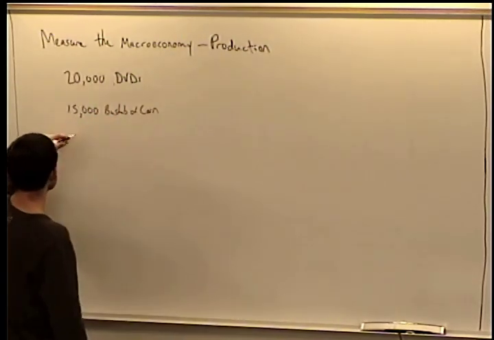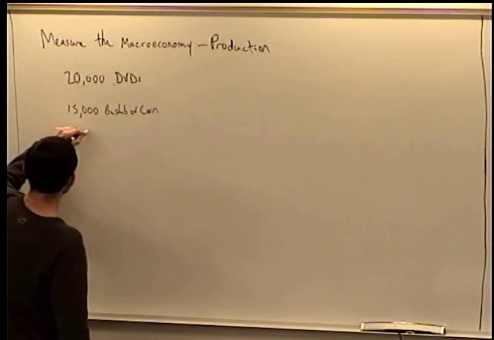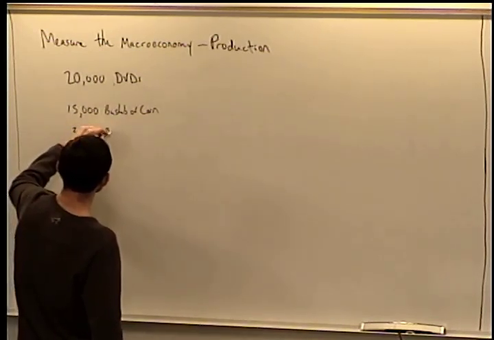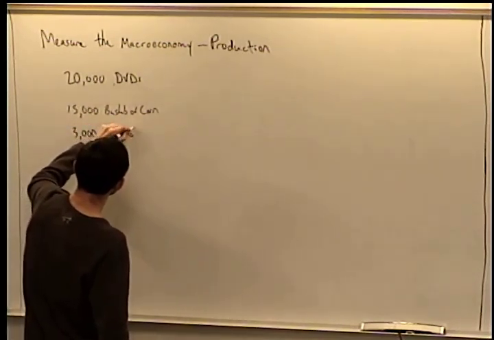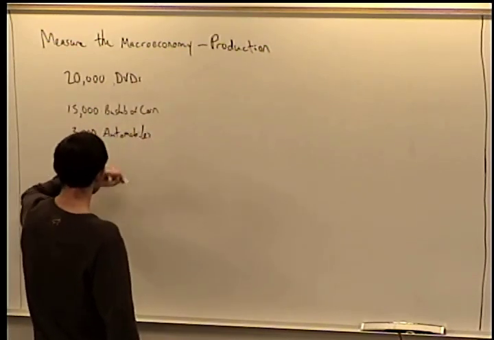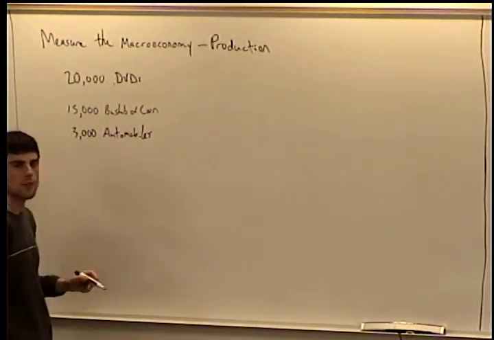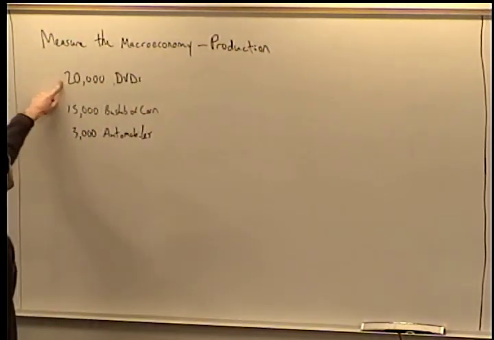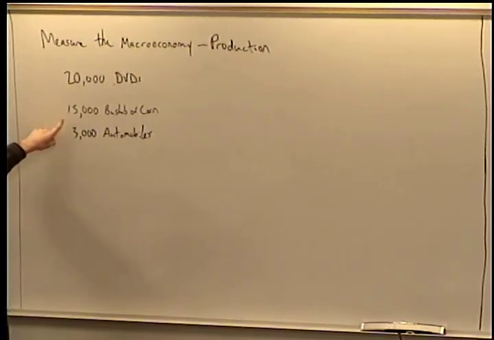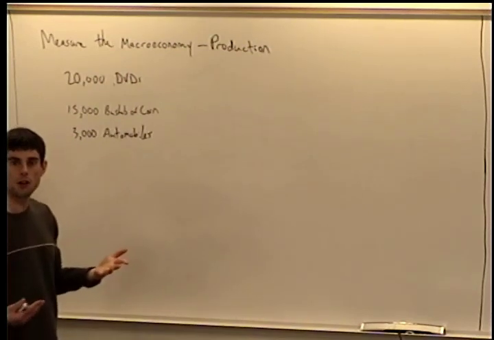And then lastly, it produces 3,000 automobiles. So we're looking at this and we go, 20,000, 15,000, and 3,000. But we want to know how much did the US produce overall.